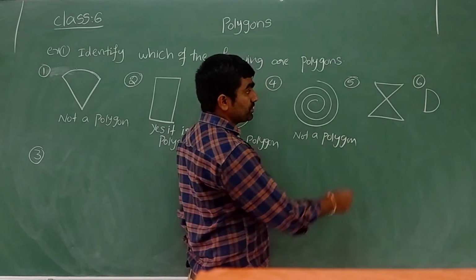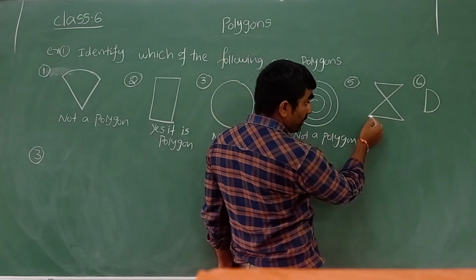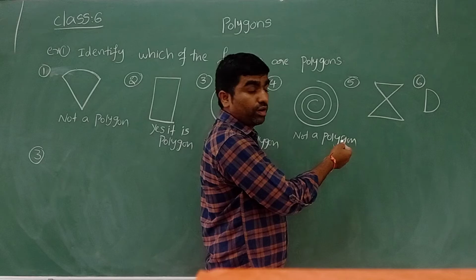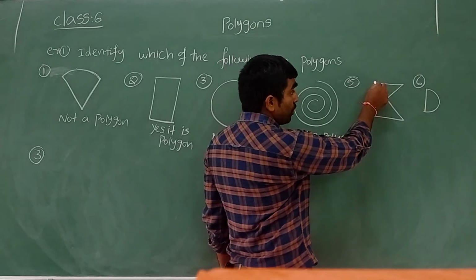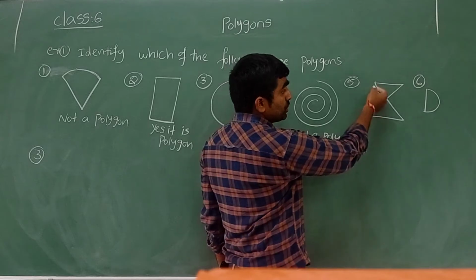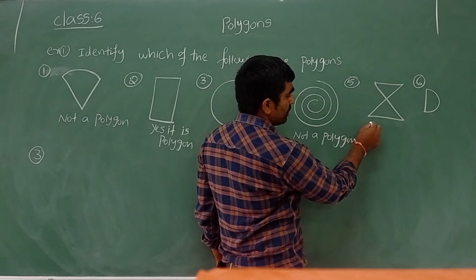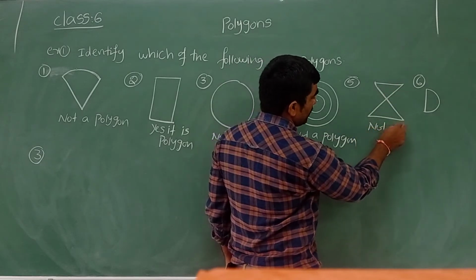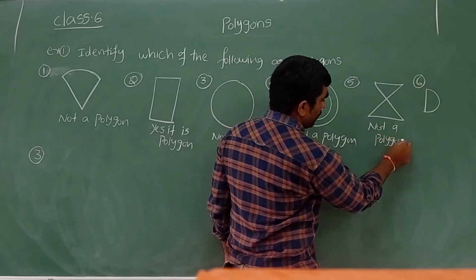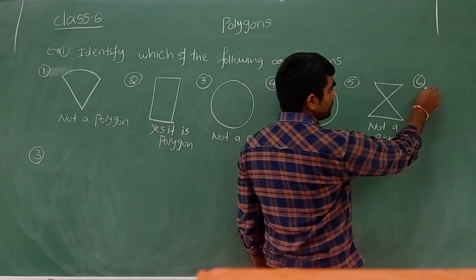Yes, what about this? It is bounded by line segments and it is also a closed figure. Still it is not a polygon. Why? Because it is not simple. Lines are crossing itself. Simple means it should not cross itself. So we can write it is not a polygon. What about this one here?